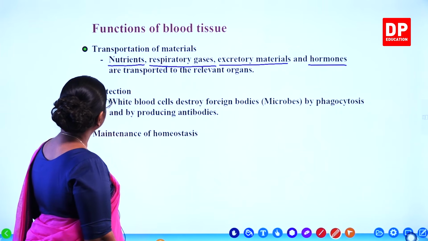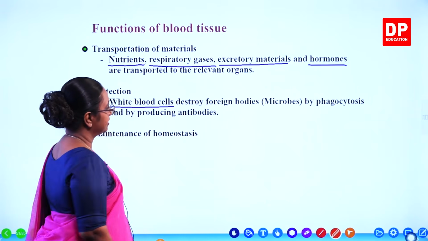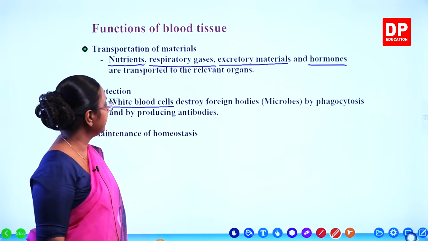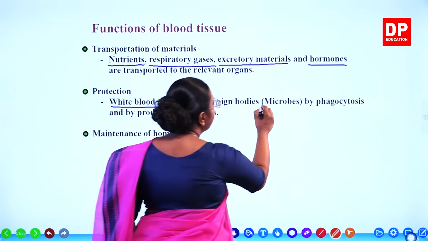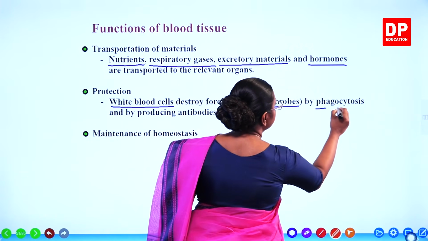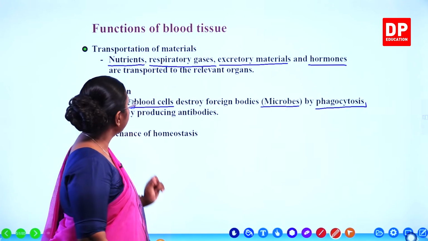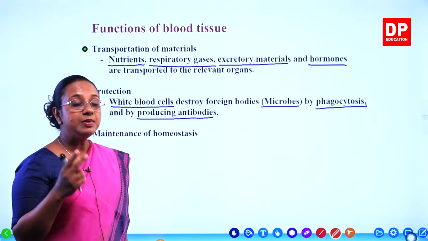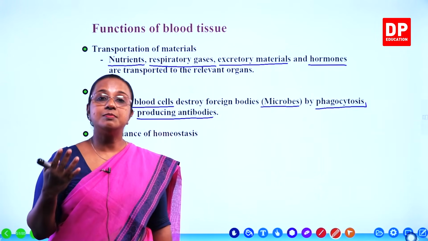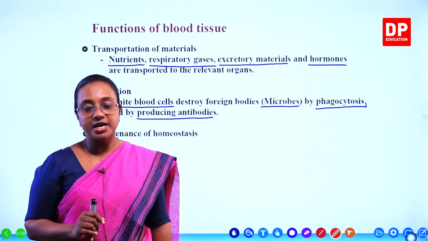The next function is protection. As I discussed before, white blood cells, WBC, destroy foreign bodies, that is microbes, by the process of phagocytosis and by producing antibodies. So WBC destroys the microbes by two methods. One is phagocytosis.